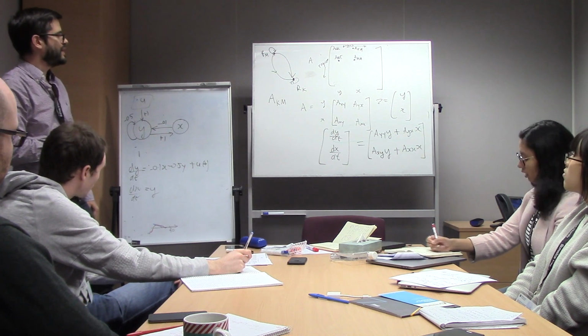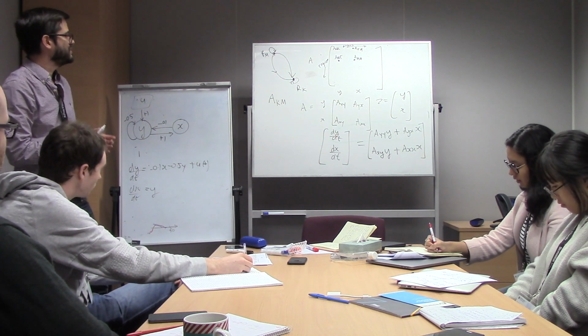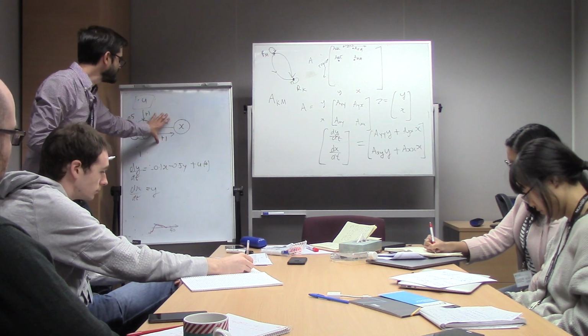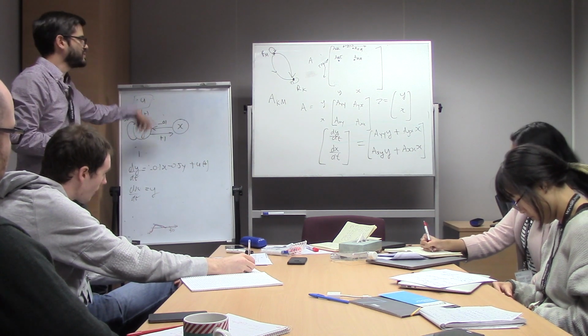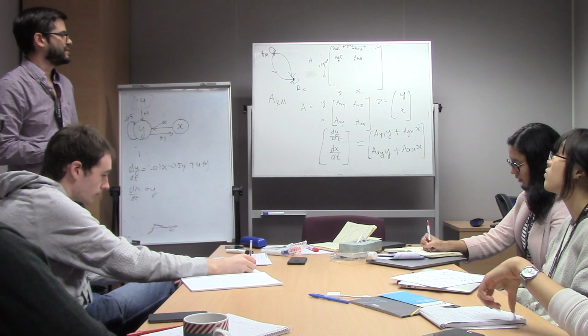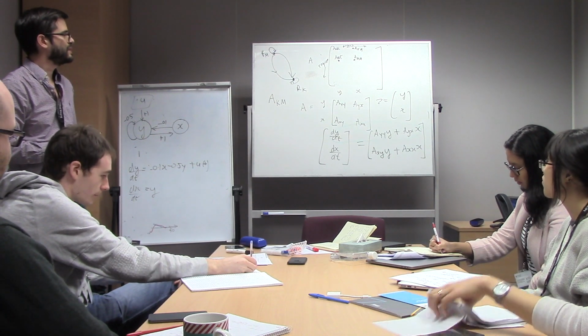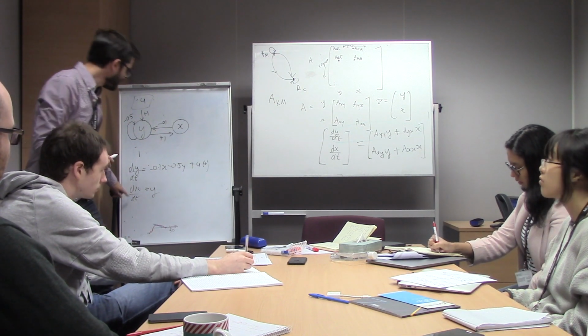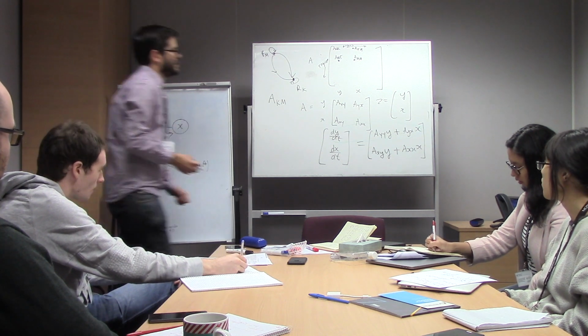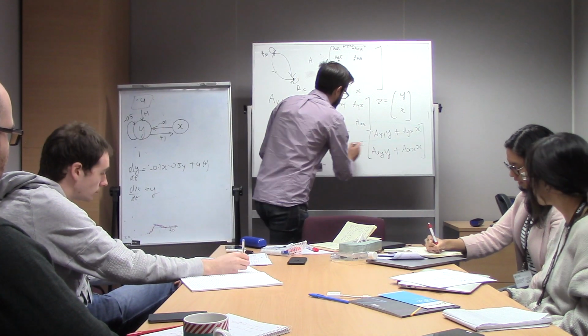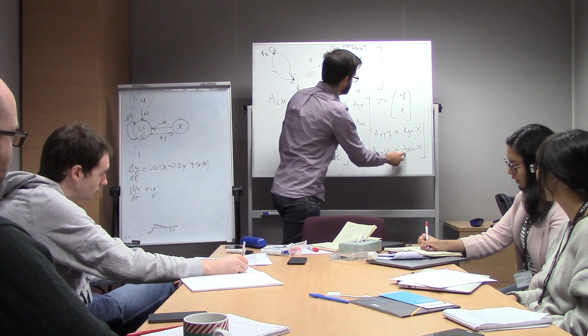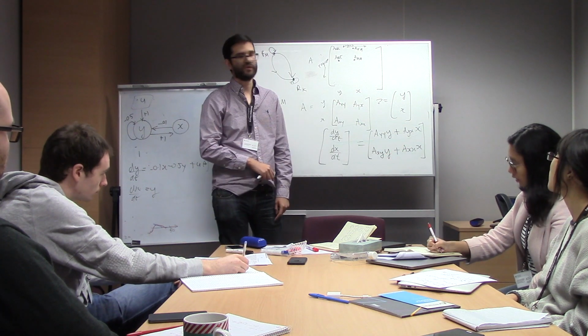So I now have a connection matrix which describes this dynamical system in this way here. And this bottom one, dx/dt equals y, this one here. We know that a_xx equals 0, as we had before.